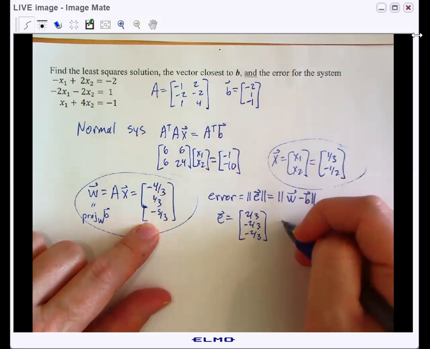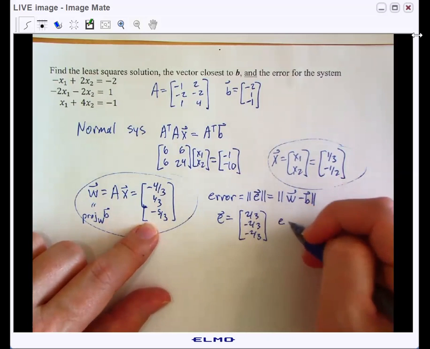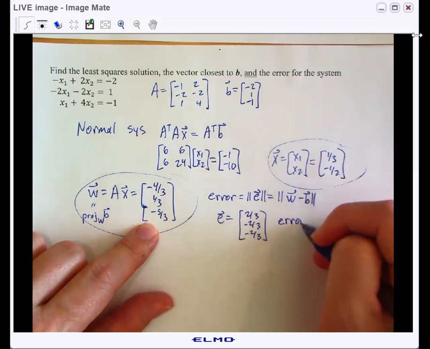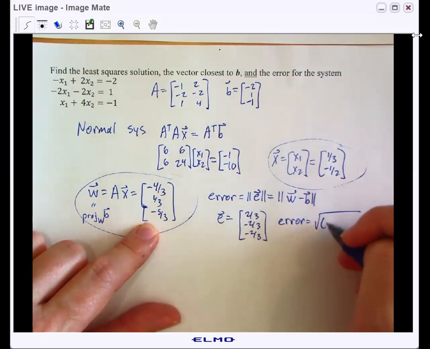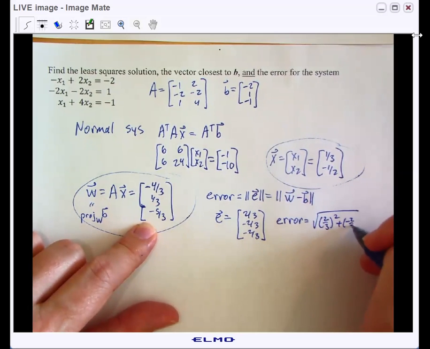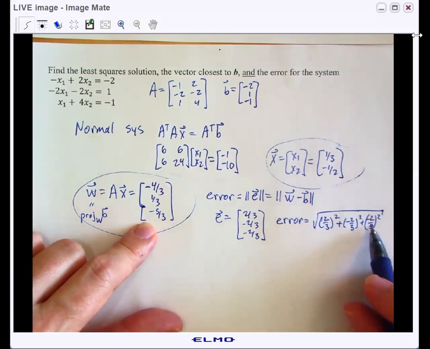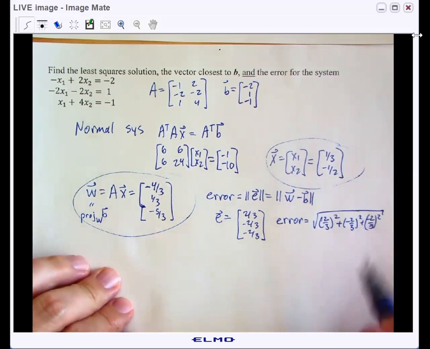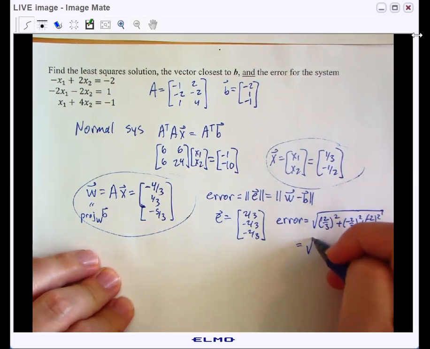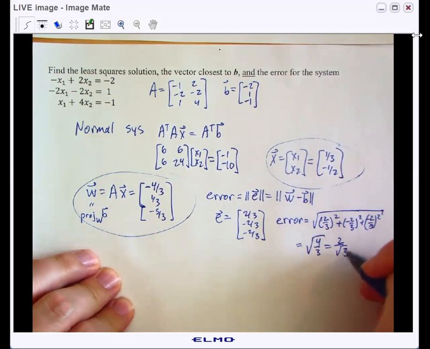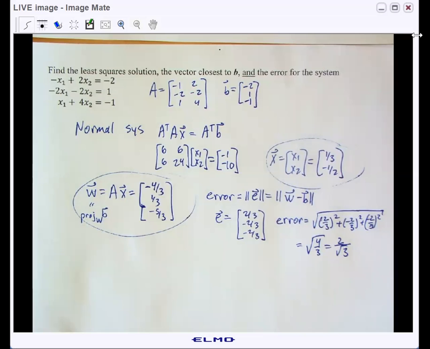And so the error then would be the magnitude of that. So the square root of 2/3 squared plus negative 2/3 squared plus negative 2/3 squared. So that's 4/9 times 3, which would be 4/3. So that would be the square root of 4/3, or 2 over the square root of 3.